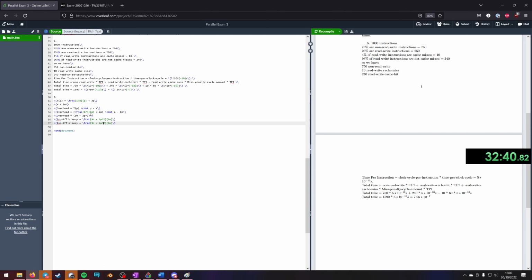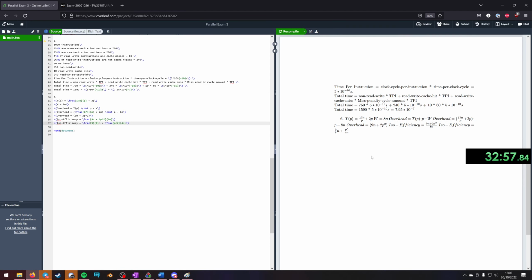Let me just split this up. It's frac 9 over 8n plus frac p squared over 4n. I think that the math checks out. Oh, of course. One day I'm not going to forget that.